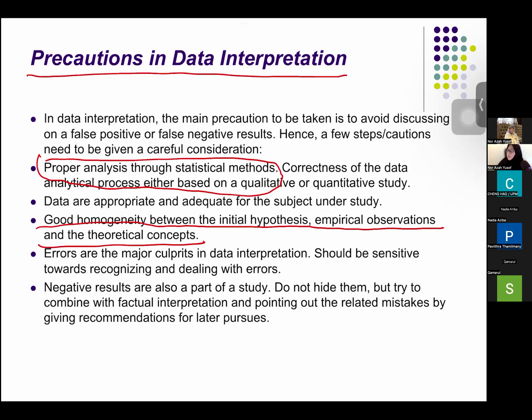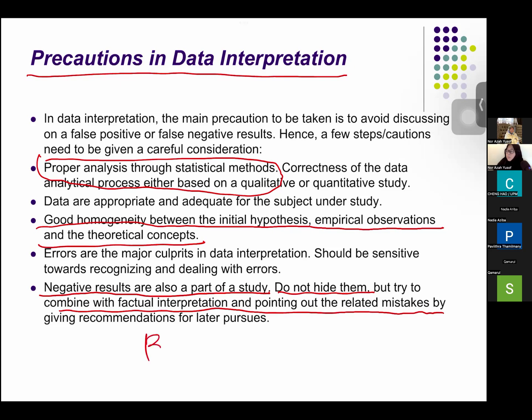Negative results are also part of the study. Remember that negative results are part of the study. You do not just remove them from the picture. It has to be considered statistically whether you can remove the data or you have to keep it. Do not hide them, but try to combine with factual interpretation and pointing out the related mistakes.